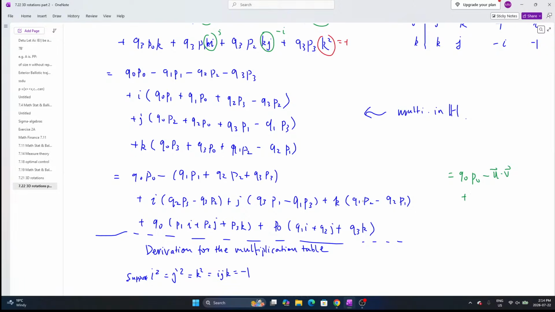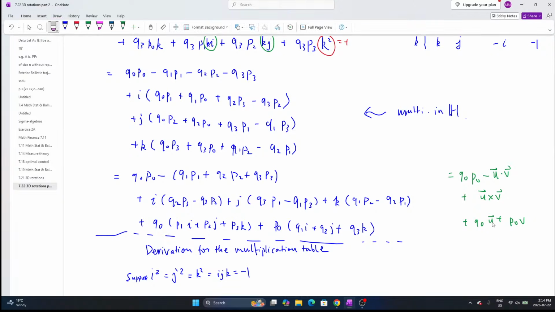And then the second row here is just U cross V, cross product, and then just plus Q naught times the vector part of P, which is U, and then P naught times the vector part of... oh no, this should be Q naught times V. My bad.